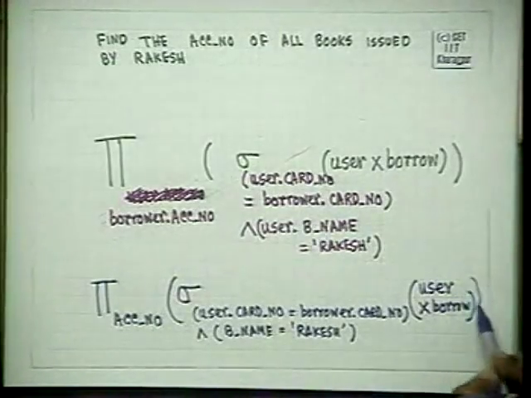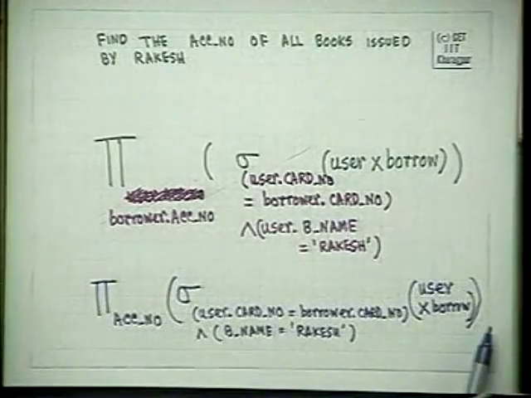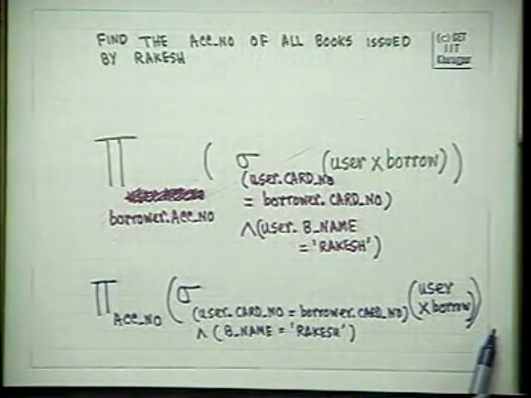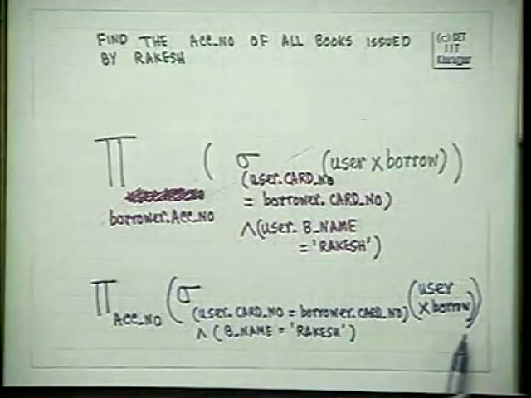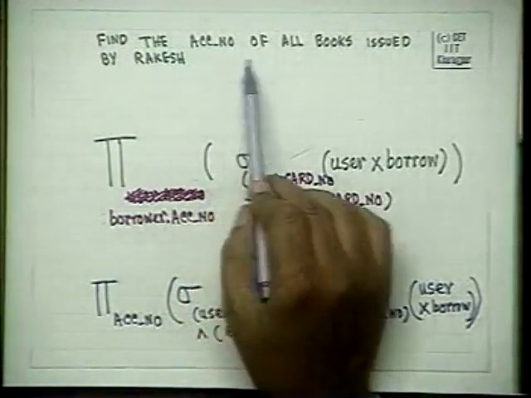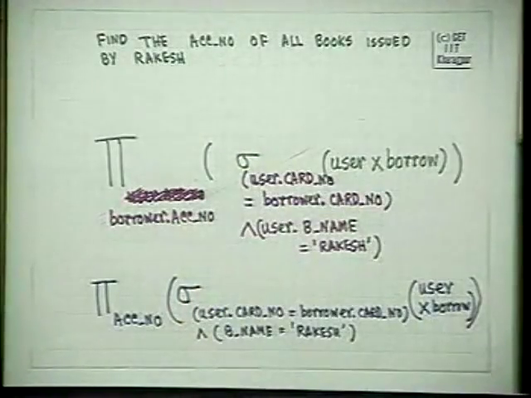So using this relational algebra query, we have been able to extract out all accession numbers of all books issued by Rakesh. Now let us understand one thing.